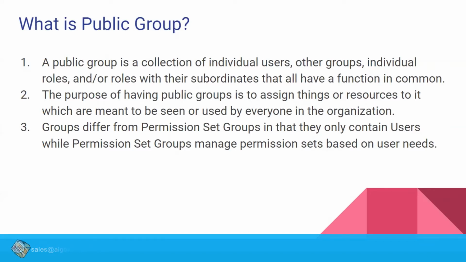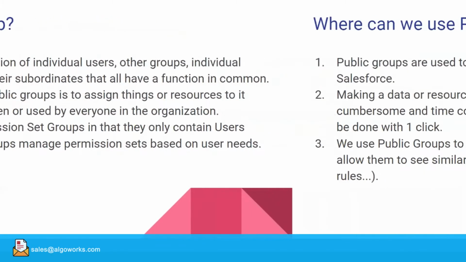There's also a difference between public groups and permission set groups. Groups only contain users, while permission set groups manage permission sets based on user needs. This is the primary difference between permission set groups and public groups.